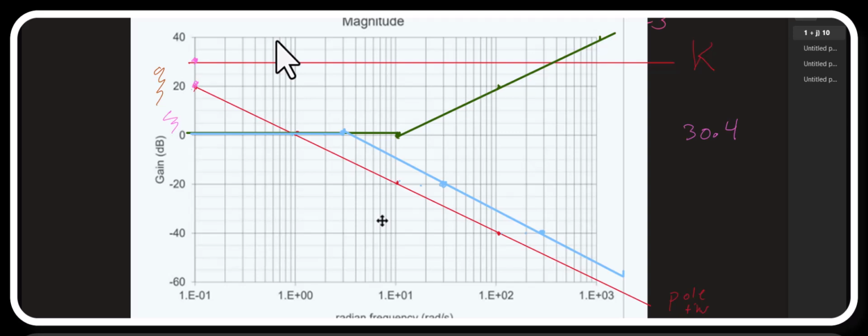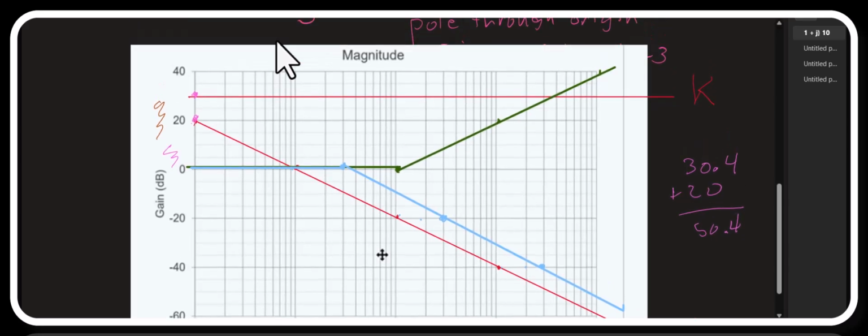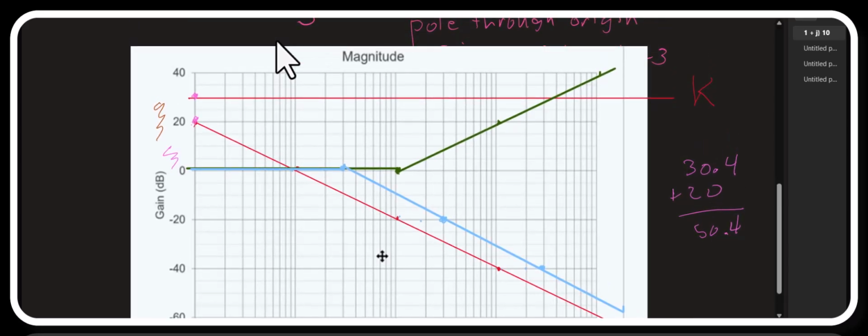So I have to add those together, and I get 50.4. I don't have my plot big enough for that, but all right, so I start at 50.